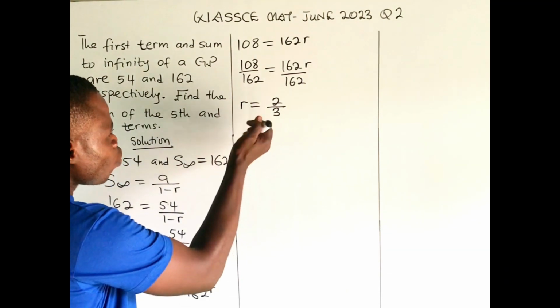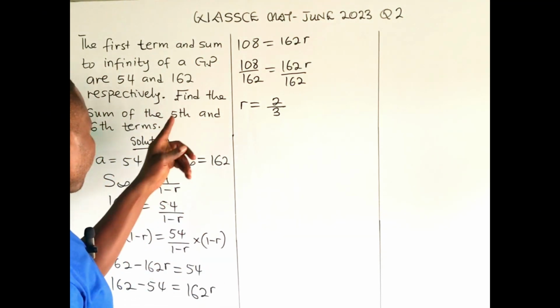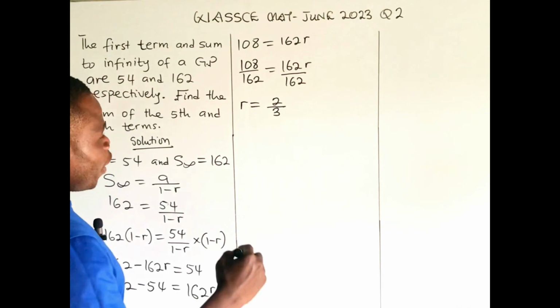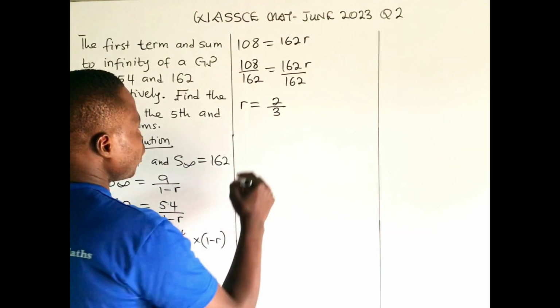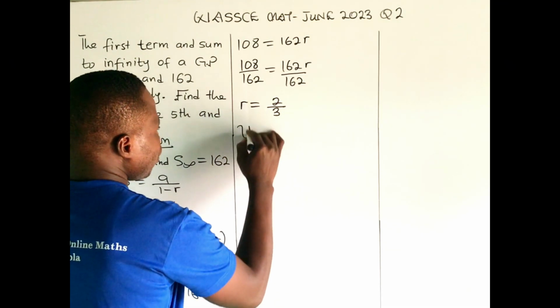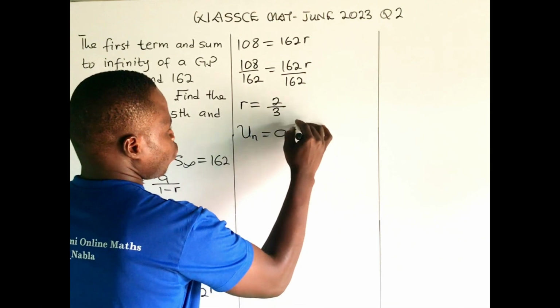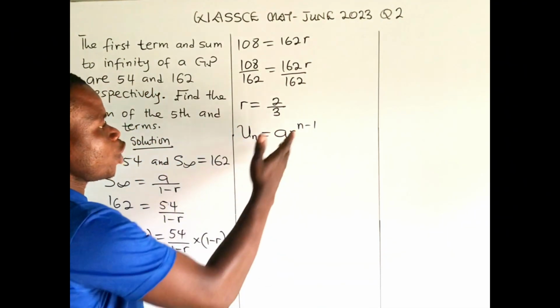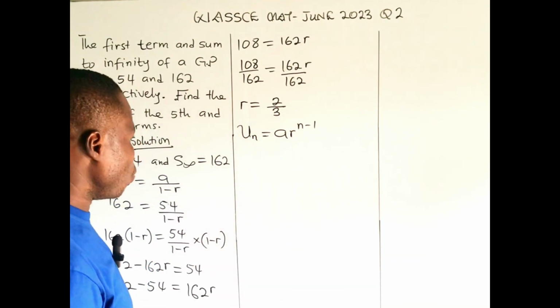We now use this common ratio and the first term, a, to find the fifth term and the sixth term, and then add them together. Let's use the nth term formula for GP. We know that u subscript n is equal to a r to the power n minus 1, where n is the number of terms, a is the first term, and r is the common ratio.